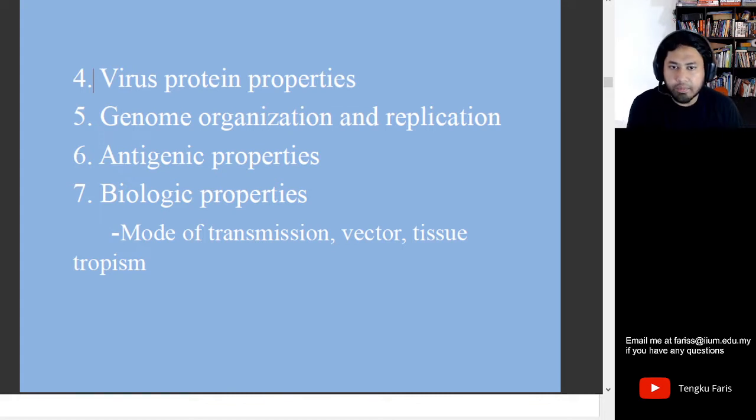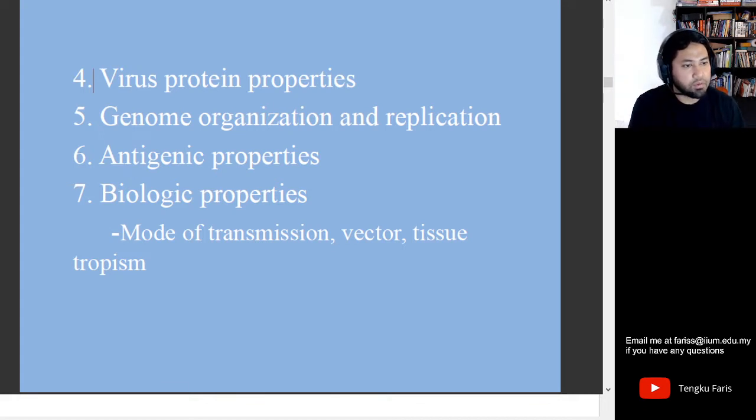What is tissue tropism? Tissue tropism or viral tropism is the ability of the virus to productively infect a particular cell. We call it cellular tropism.